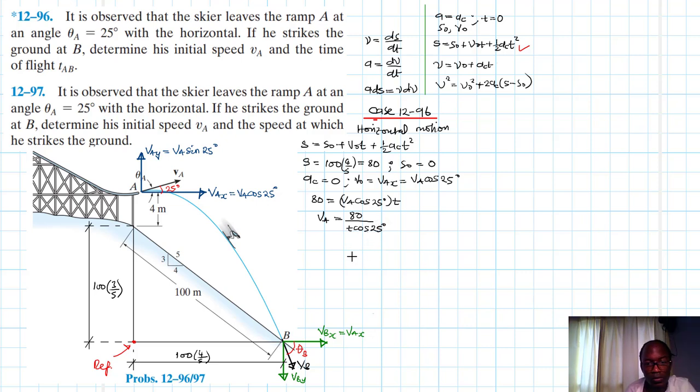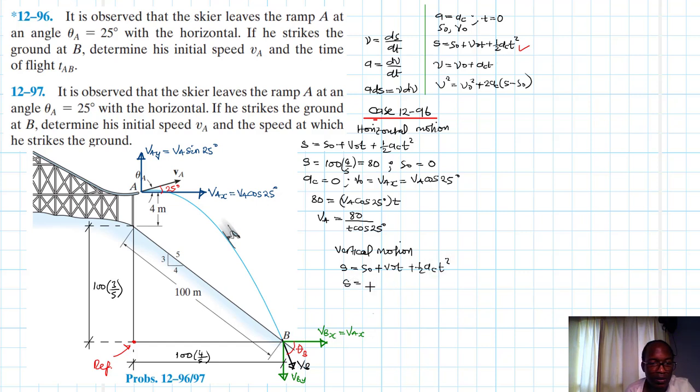Right, so let's go to the vertical motion. So we have vertical motion like so. And like we said, we are using the same equation, S equal to S naught plus V naught T plus half ACT squared.